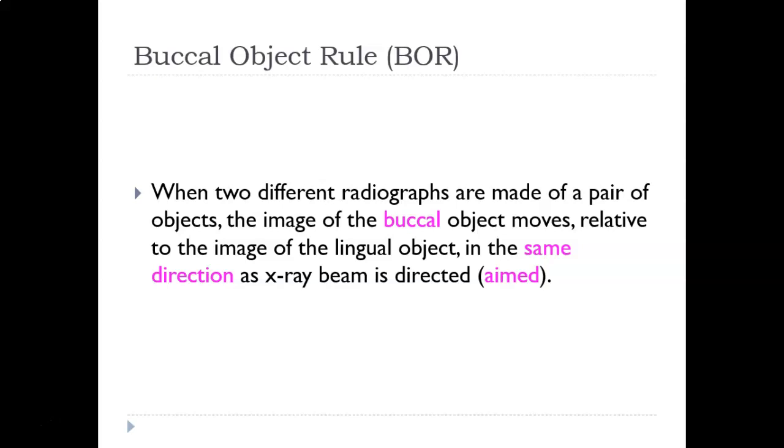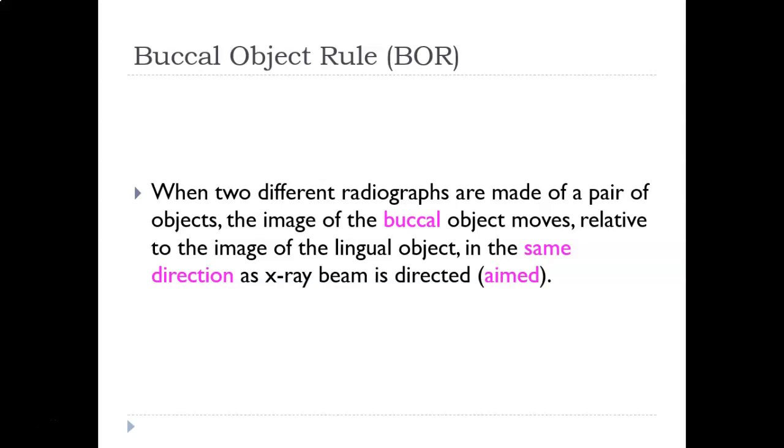So if you move your beam mesially, then the object that is on the buccal surface will also move mesially. If you look at the lingual object within those two different radiographs that we're comparing with this rule, it is going to move distally if you have moved the beam mesially.